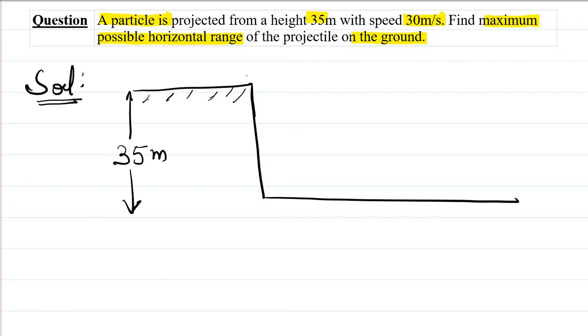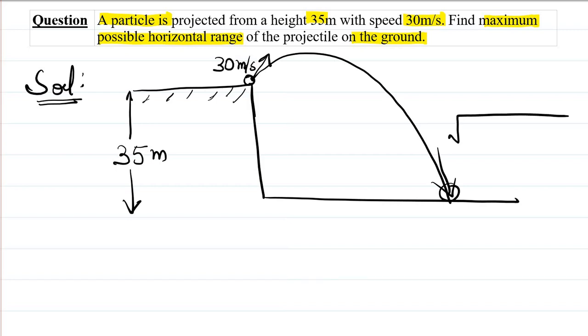The particle was projected and the angle of projection is not known. The speed of projection is given as 30 meter per second. So with this given speed of projection, the ball lands on ground somewhere here. Then in that case, the speed with which the particle hits ground can easily be determined using that energy conservation formula that gives us 30 squared, and then plus we are simply assuming g to be equal to 10 meters per second square.